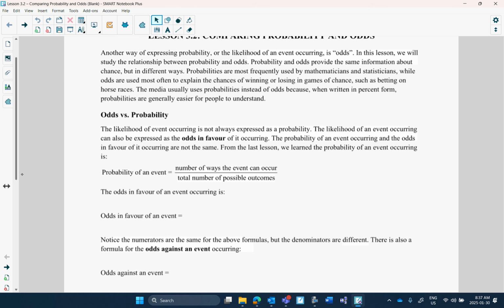Odds, we talk about a couple of things: the odds in favor of some event occurring, and the odds against an event occurring.